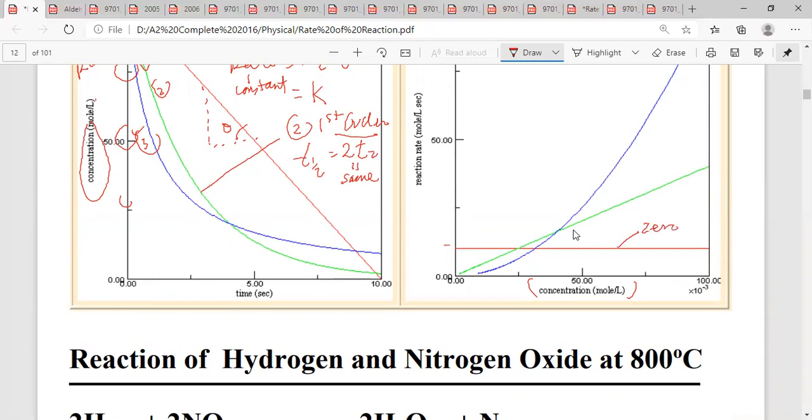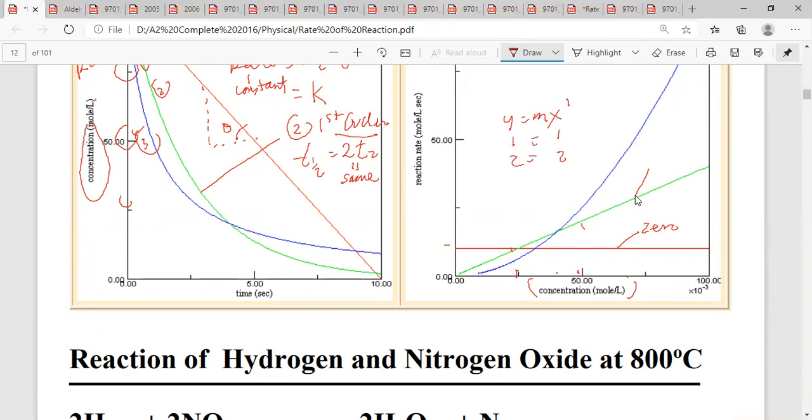For first order, the green line is this one here. That means as you increase the concentration by 2, rate increases by 2; by 3, 3; by 4, 4; and by 5, 5. That means it's like y equals mx, so it's power 1 here. Increase by 1, y is 1. Increase by 2, y increases by 2.